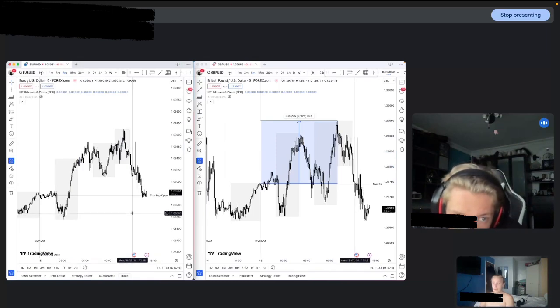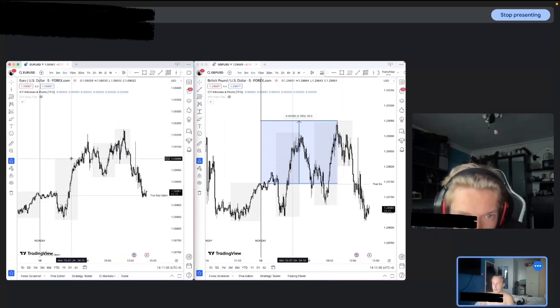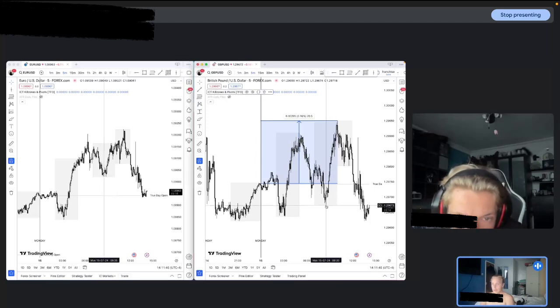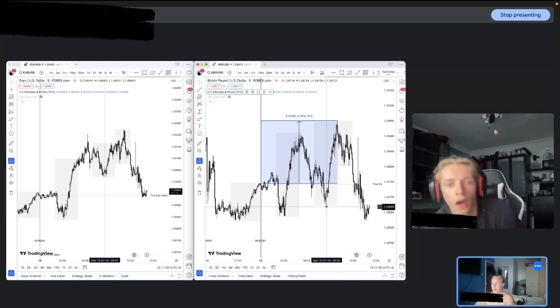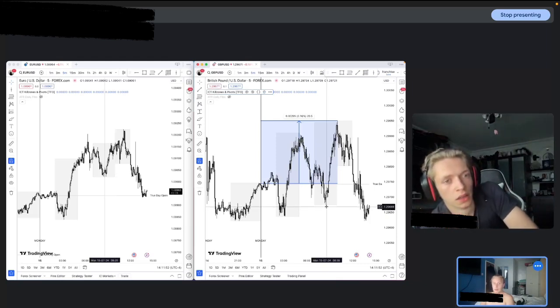Really? What do you mean by cleaner? When EU made low and just kept on going high, GU made low, came all the way back down here. So you see here, at 8:30, look how low it was compared to EU. It's lower than EU. Exactly, which means what?